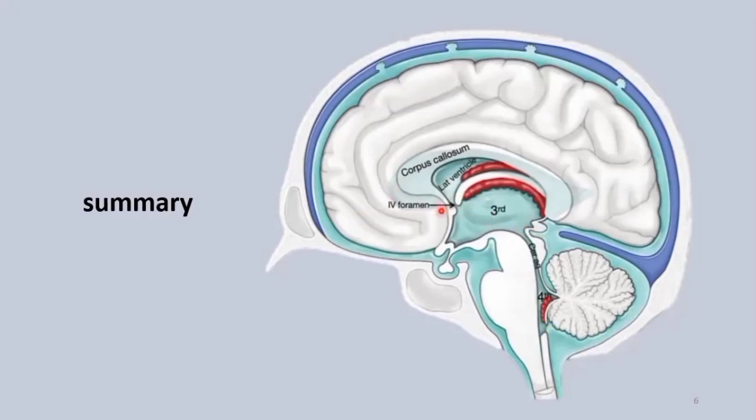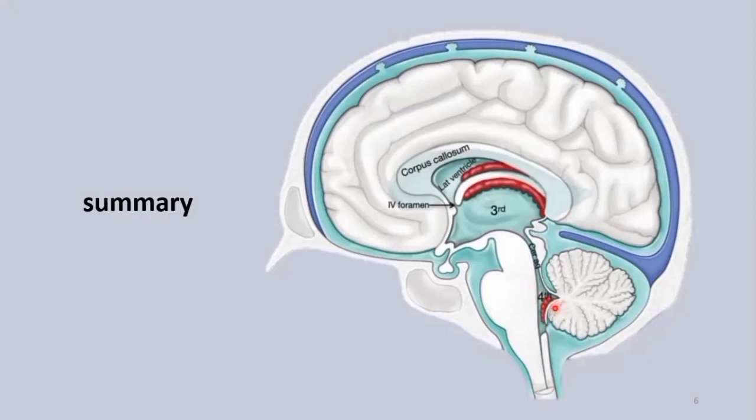If there is obstruction at the foramen of Monro, then the lateral ventricle will be dilated. If there is a problem or obstruction at the level of the cerebral aqueduct, then there will be dilatation of the third ventricle. If there is obstruction at the Luschka and Magendie, then the fourth ventricle will be dilated.